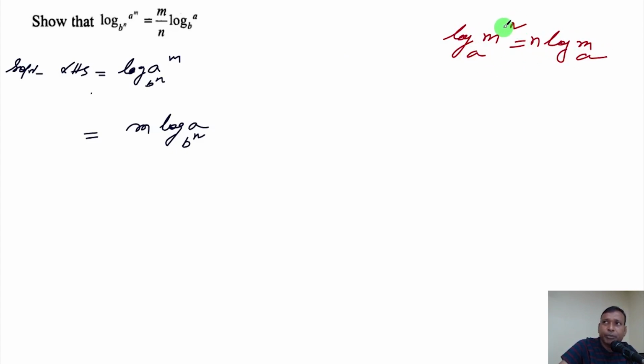This equals m log a to the base b power n. We know that log m power n to the base a equals n log m to the base a, because the power of log is written before log. So here the power is m, so this m is written before log.